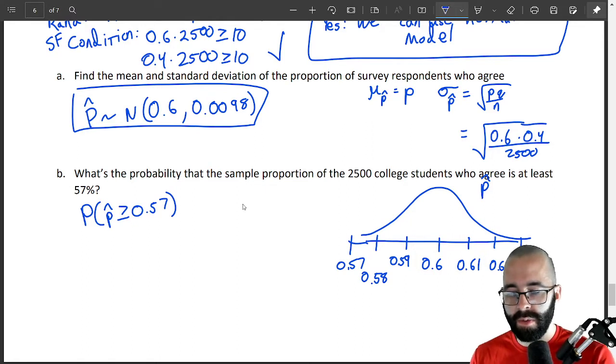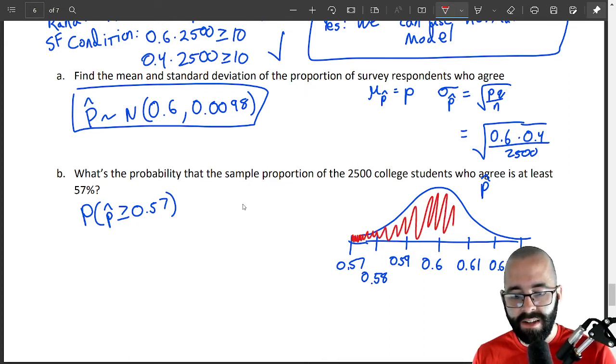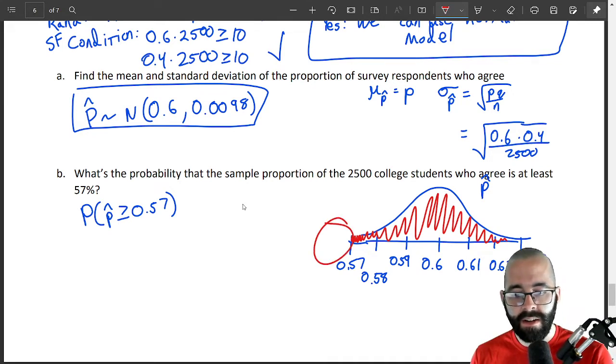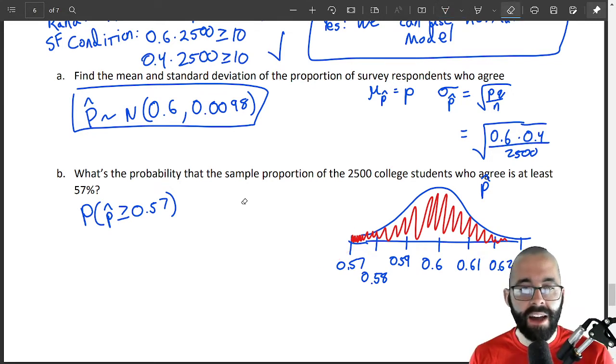Well, it's a normal distribution. This probability, at least 57%. Oh my goodness, 57% is way over here. That's almost everything. This left tail is half of the region outside 3 standard deviations of the mean.